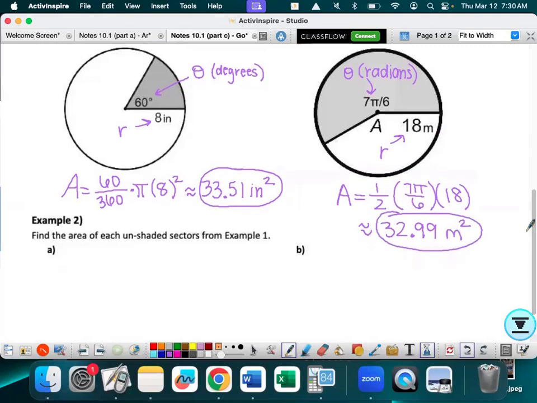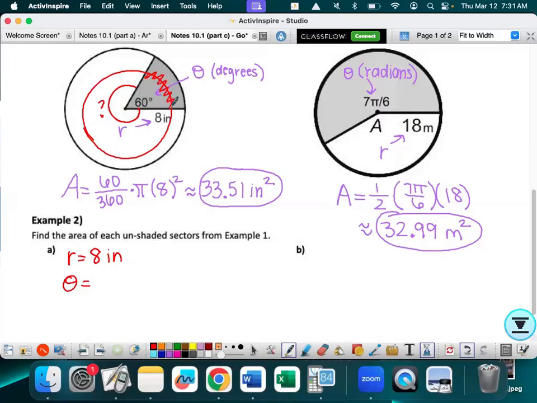Example 2, find the area of the unshaded sectors from example 1A. Well, in example 1A, the radius is still going to be 8 inches. The angle, however, we are going to need to calculate because we are looking at the unshaded region, which means that we're looking at that angle measurement. How do we figure out that angle measurement? Well, the entire angle measurement of a circle is 360.